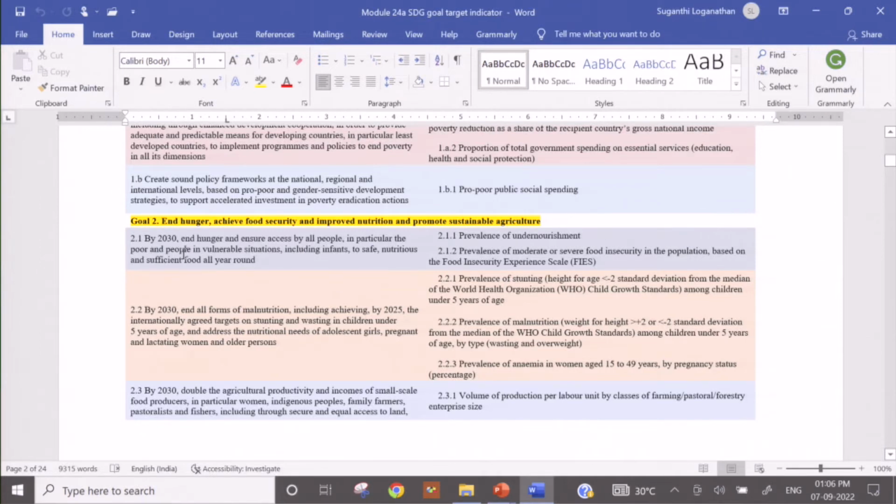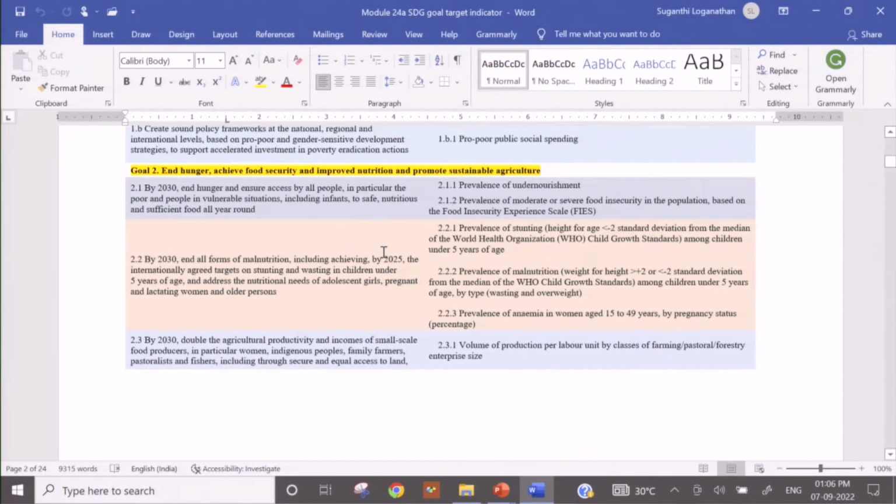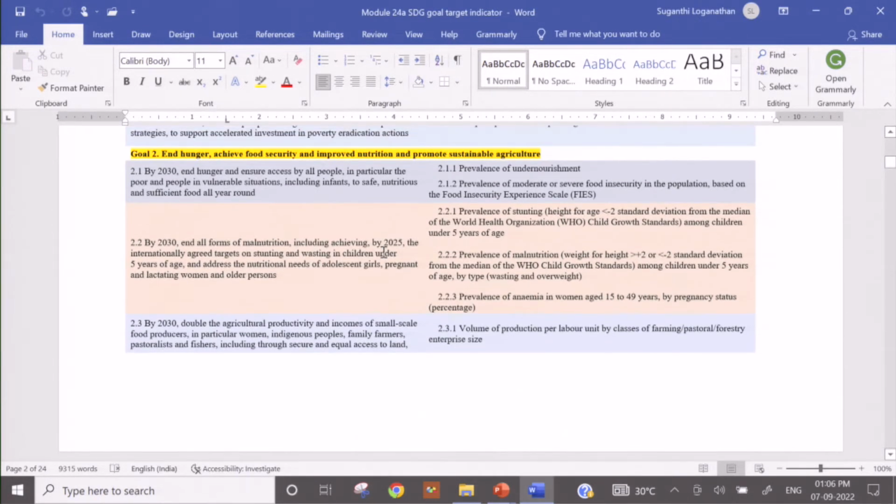There are also 3 measures to achieve, given as 2A, 2B, 2C, and on the right hand side we find the indicators for each of these targets. If the target by 2030 is to end hunger and ensure access for all people, then target 2.1 has two indicators. By measuring these indicators, we will know whether we have achieved the target. Similarly, we have this for each of the goals. This is given for goal 2.